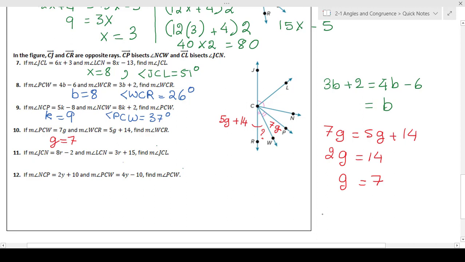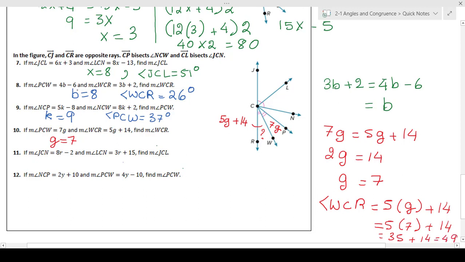Now, he wants the angle WCR, which is equal to 5G plus 14, or equals 5 times 7 plus 14, which is equal to 35 plus 14, and this is equal to 49.